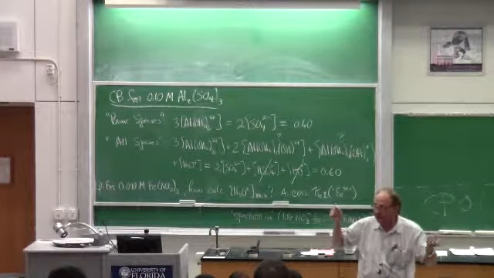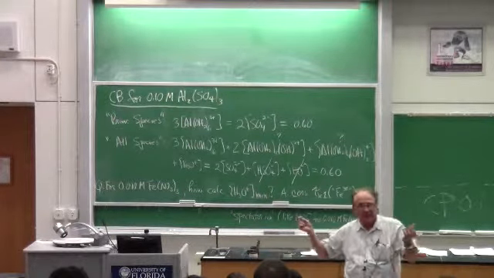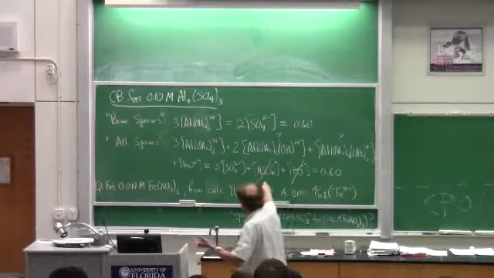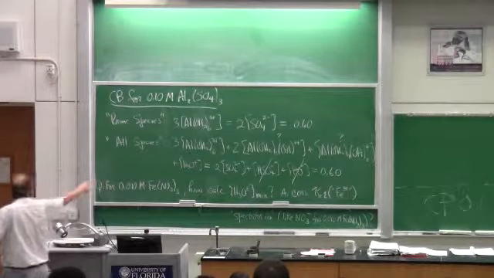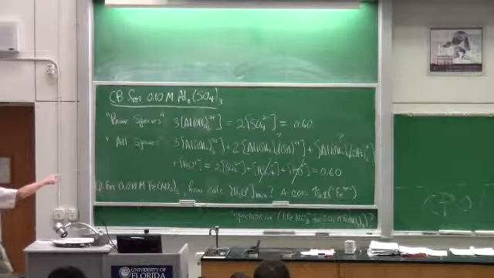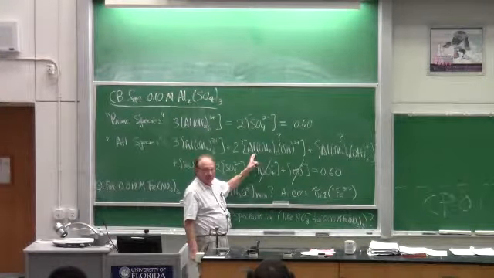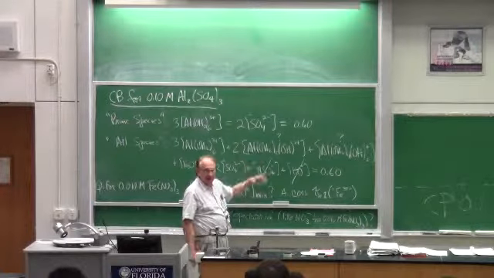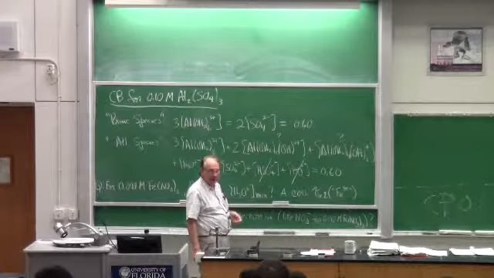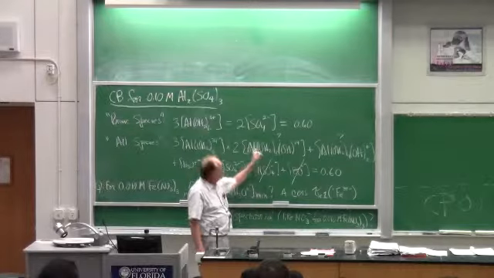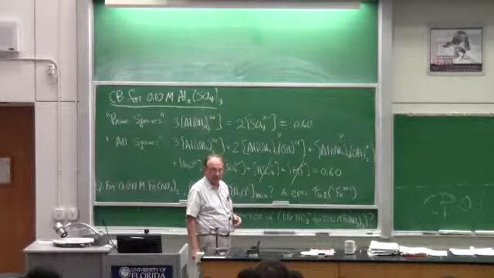Iron's still in the plus 3 oxidation state. For aluminum, you get this plus 2 ion, hydroxo pentaquo aluminum ion. Never mind the name. Formula tells us all we need to know. Oxidation state for aluminum is still plus 3, but now the charge on the ion is plus 2.